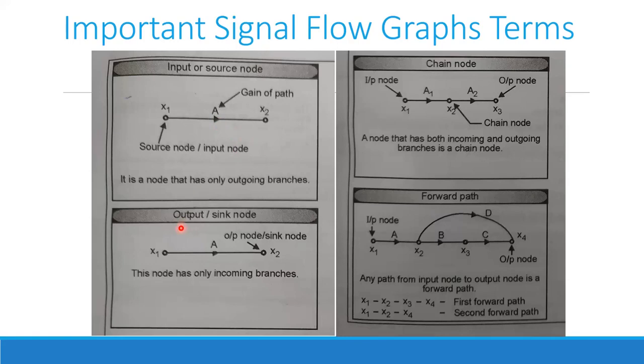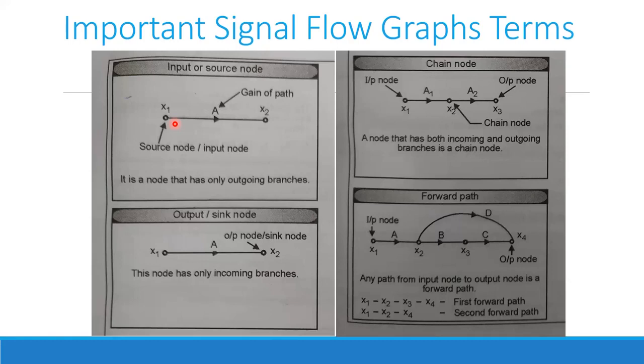In this output node, every branch is coming in. So this node has only incoming branches. This x2 here has all the branches coming in. Such a node is called an output node, where all the branches, all the arrows are coming inside. And a node is called an input node when all the branches or arrows are going outward, out of the node.